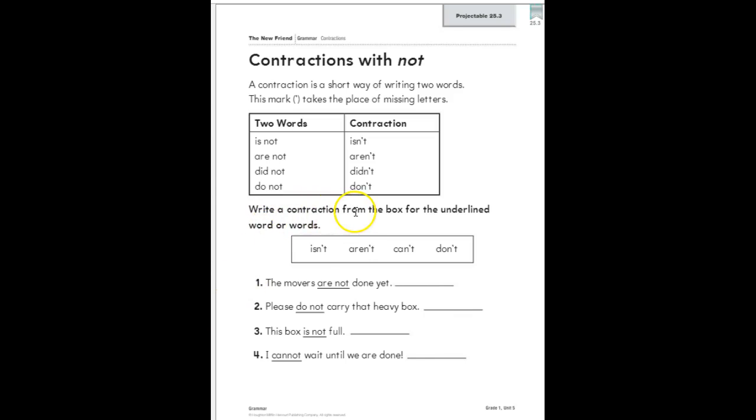Let's think about a contraction from the box for the underlined word or words in each of these sentences. The movers are not done yet. Which contraction from that box would we use for the underlined words in the sentence? Right, we would use aren't. Good job. How about, please do not carry that heavy box? Which word from the box would take the place of do not?